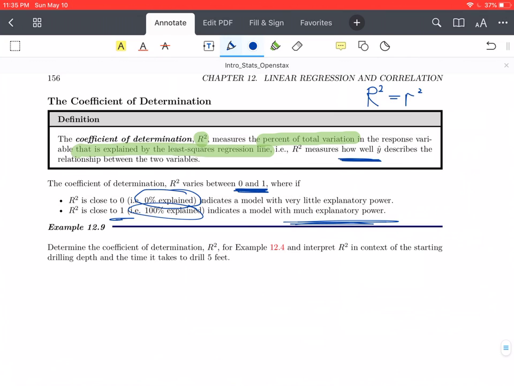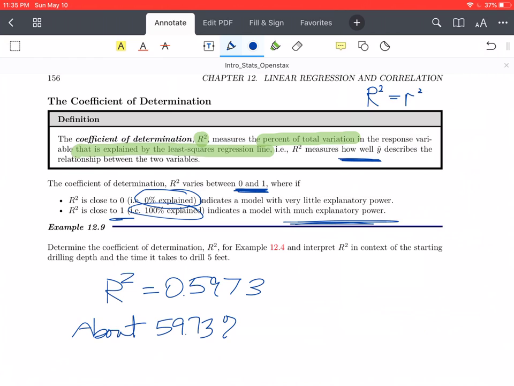So we get r squared is 0.5973. So what does that tell us? It tells us we have about 59.73% explanatory power.